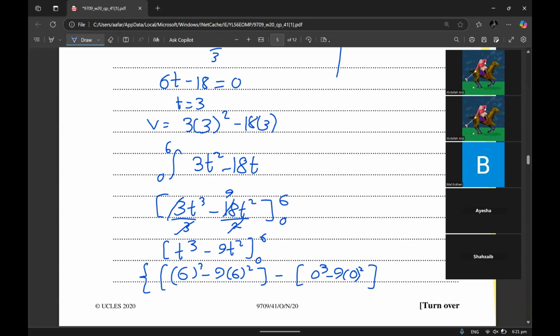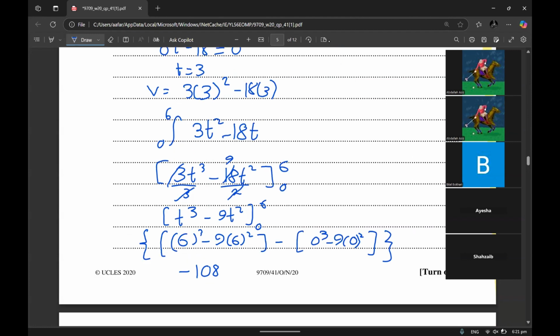So we should get the distance now, which is 6 cube minus 9 into 6 square. It gives us negative 108, since its graph is below the axis, right? But we only need the distance. So the distance will be positive 108 meters.